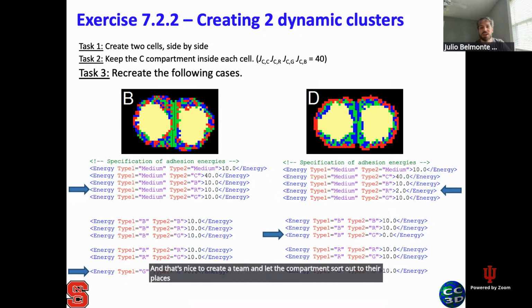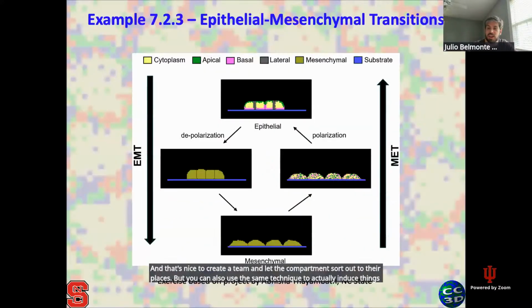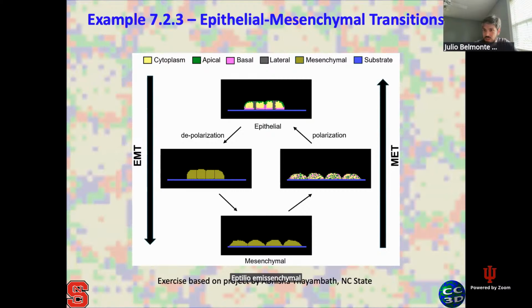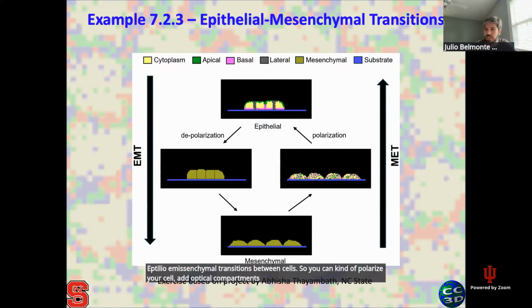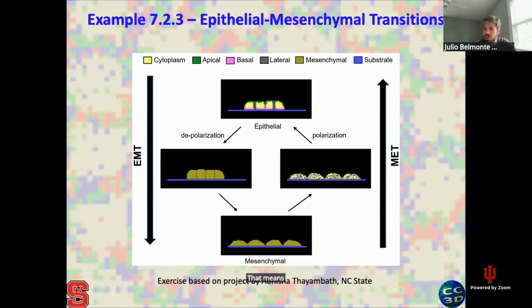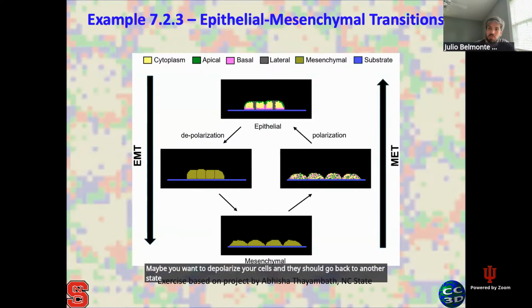But you can also use the same technique to model epithelial and mesenchymal transitions between cells. You can polarize your cell, add compartments, and the cell becomes polarized and forms an epithelium. But maybe you want to depolarize your cells, and they should go back to another state where they become mesenchymal.